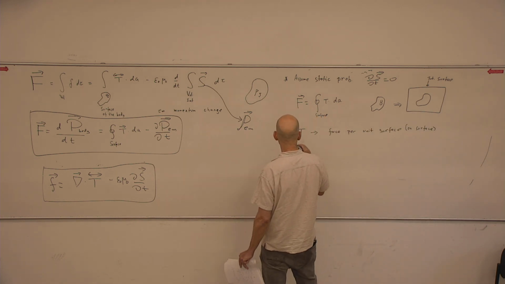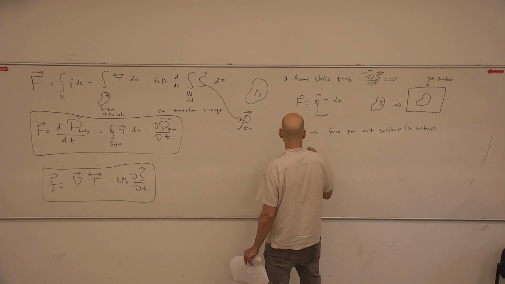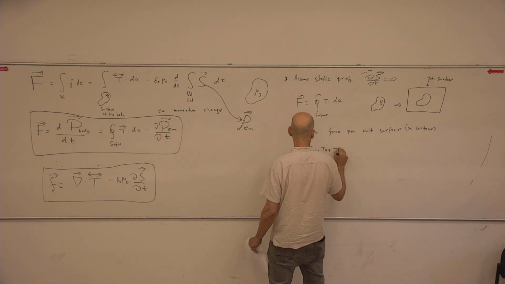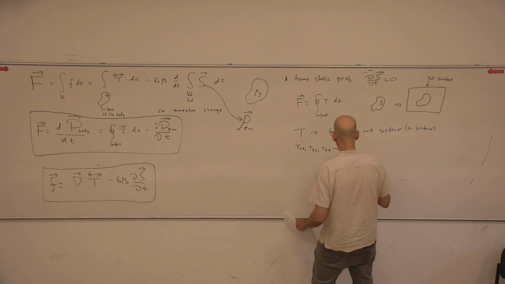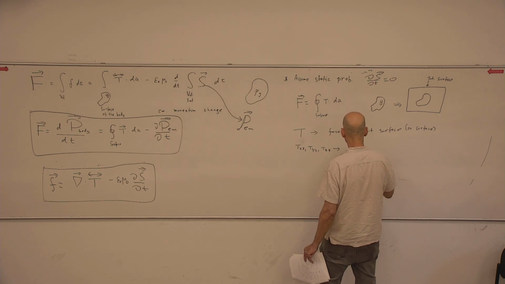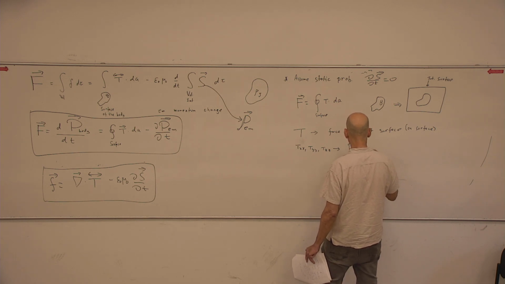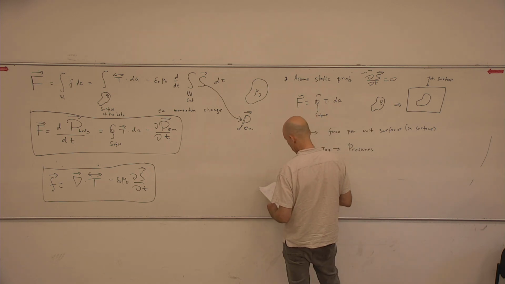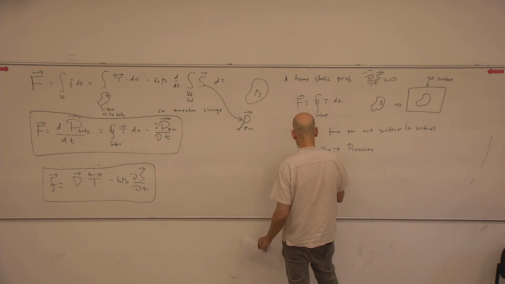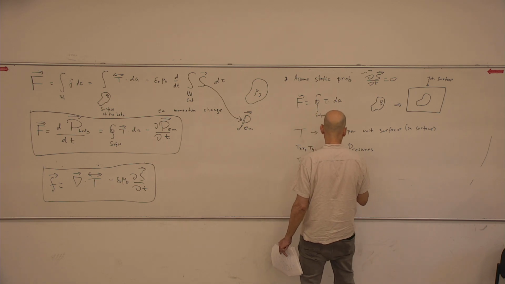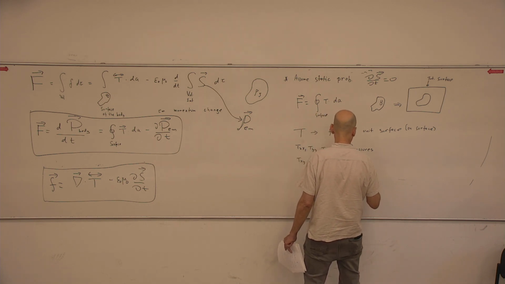And we have two types of terms. One of them are the diagonal terms, Tyy. These are called pressures. And the rest, the off-diagonal terms, for example, Txy, Tyz, and so on, these are called shears.